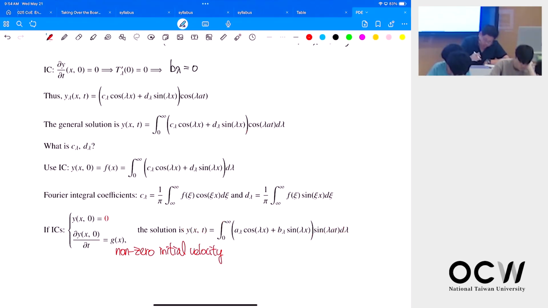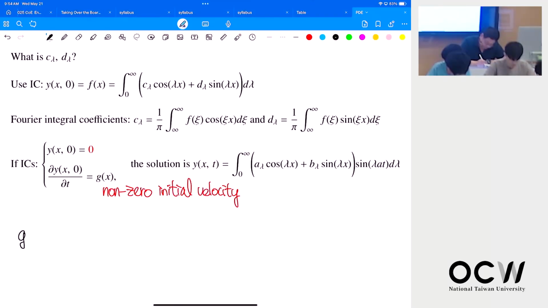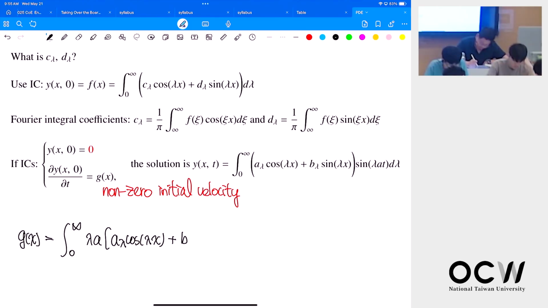So g of x is the integration from 0 to infinity of lambda a lambda cosine lambda x plus b lambda sine lambda x d lambda.